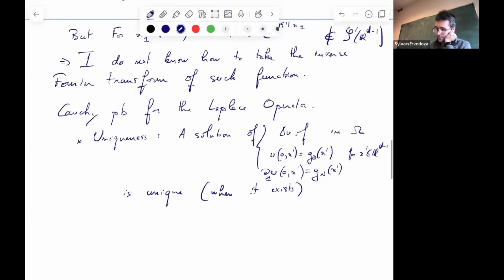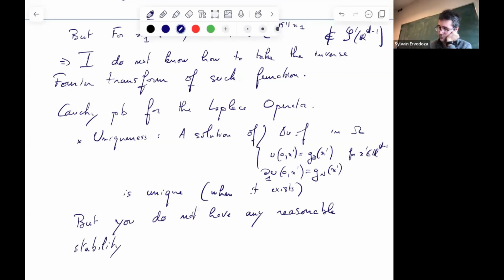Okay, but you do not have any reasonable stability estimate or continuity estimate which bounds u in terms of f, gd, and gn.